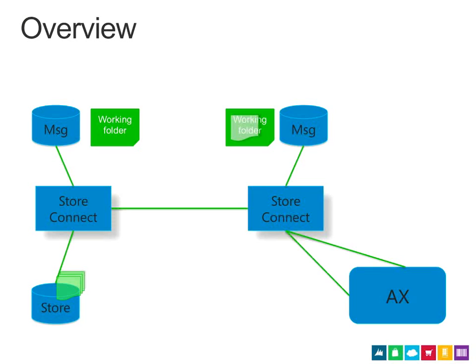It puts the data package into the working folder, creates an update in the message database, turns around, picks up that data file, inserts it into the store database, updates the message status, and so on. And then, for example, if we have configured that we want to upload the status messages from Store Connect into AX, it will turn around and upload that status into AX so we can take a look at it from WinAX and see what just happened there.